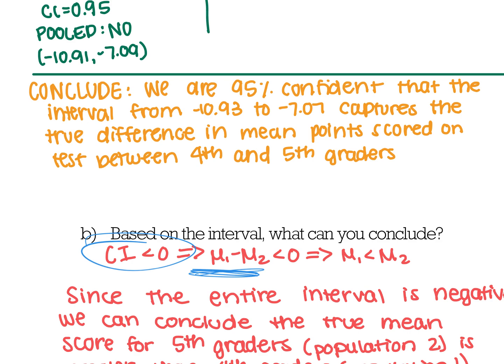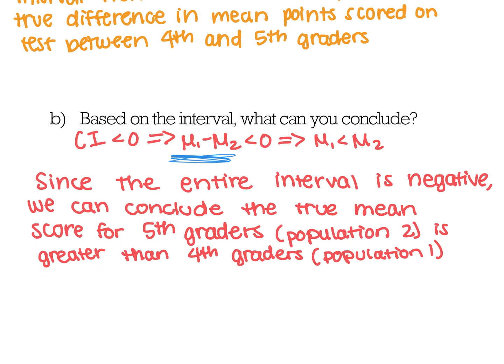So the fifth grade group is scoring higher than the fourth grade group. And we can make a statement about that down below. Since the entire interval is negative, we can conclude that the true mean score for fifth graders, population 2, is greater than population 1, which is the fourth graders.